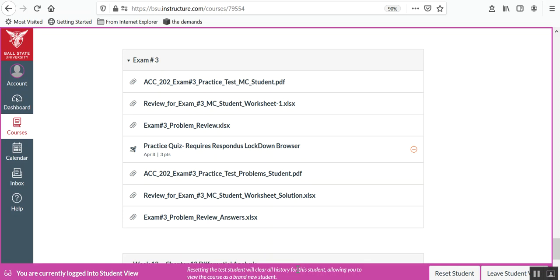Because of the nature of the problems, I cannot do test corrections for those. So anyway, that's the test corrections. That's how we're going to do it. You'll see the worksheet and the test will become available for you to work on those corrections on Wednesday. And so we'll go ahead and proceed from there.